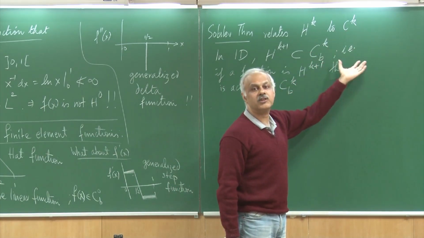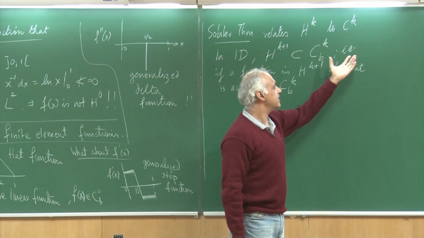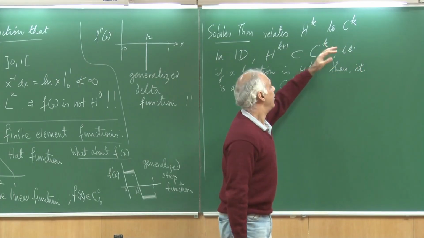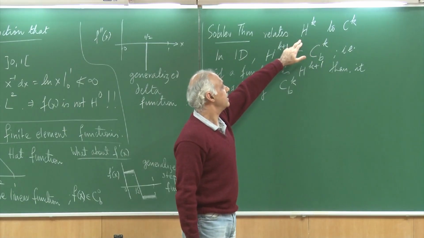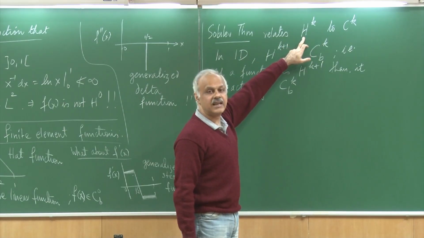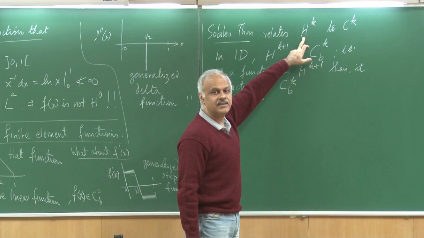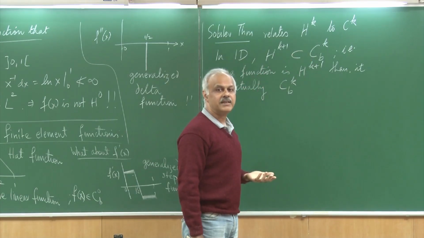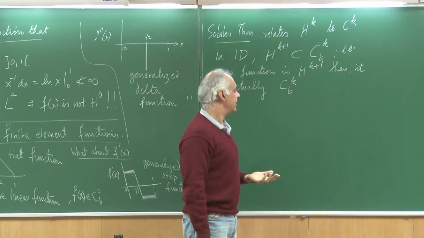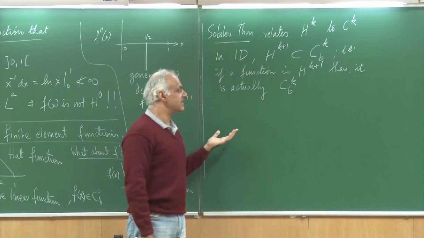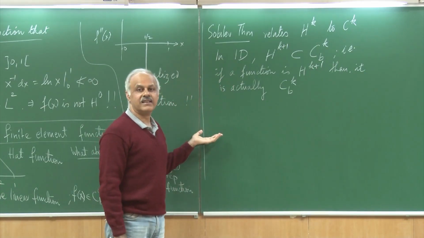throughout the domain and look at its derivatives and continuity. On the other hand, when we look at a function belonging to the class Hk in the Sobolev space, we check the square integrability of the function and its derivative. What this theorem tells us is that the two are related.